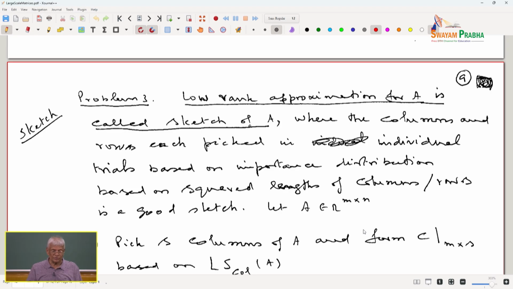In such cases, we should be able to concentrate only on those eigenmodes corresponding to the largest subset of singular values, let us say k. Using such modes, we should be able to find a k rank approximation to A, and such a k rank approximation is technically called sketch of A.